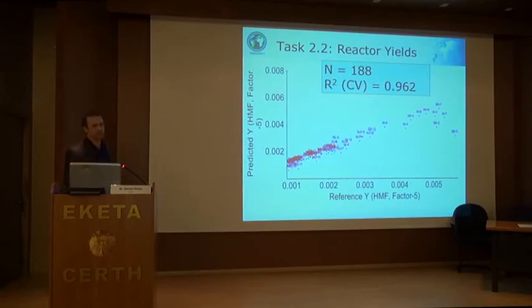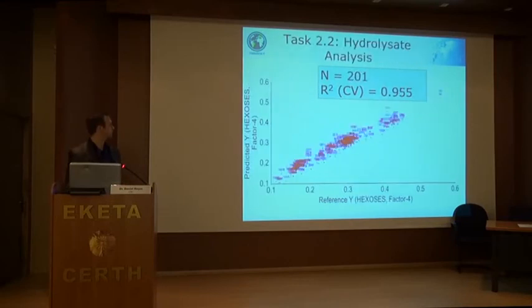We have developed a means, instantly via transmission ultraviolet spectroscopy, to determine the hydroxymethylfurfural content quite accurately. And this helps us when we don't have time to use the chromatography system, or when that's occupied or not working. We can get good estimates based on instant analysis using ultraviolet spectroscopy. This is, again, for the total hexose content. We can predict that also using ultraviolet spectroscopy.